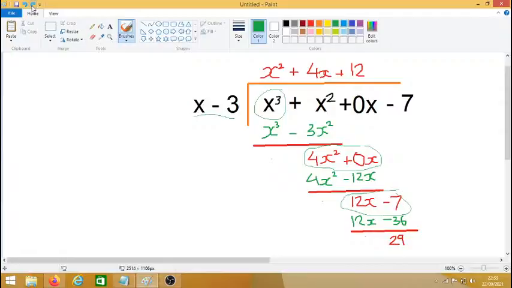And then if you had more to the expression here, you would just bring the next bit down. But here, we can stop and we can just write the remainder of 29, just like any number dividing by, write it as a fraction over what you're dividing by. So here, the 29 as a fraction of what we're dividing by.